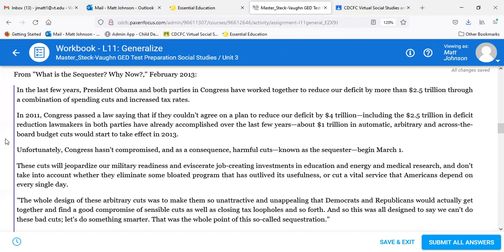And so this was all decided to say we can't do this because let's do something smarter. That was the whole point of this so-called sequestration.